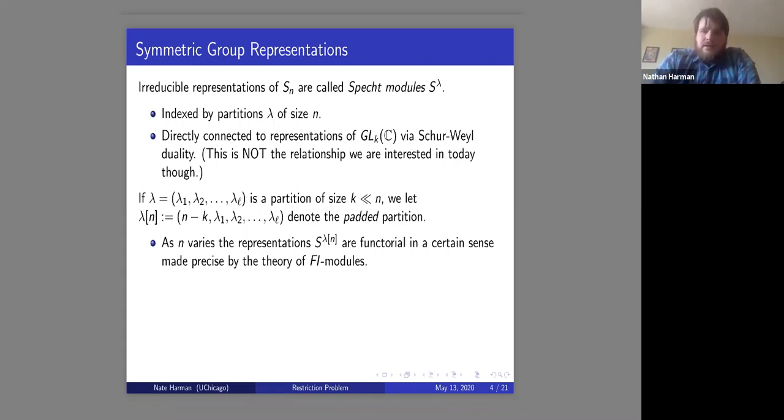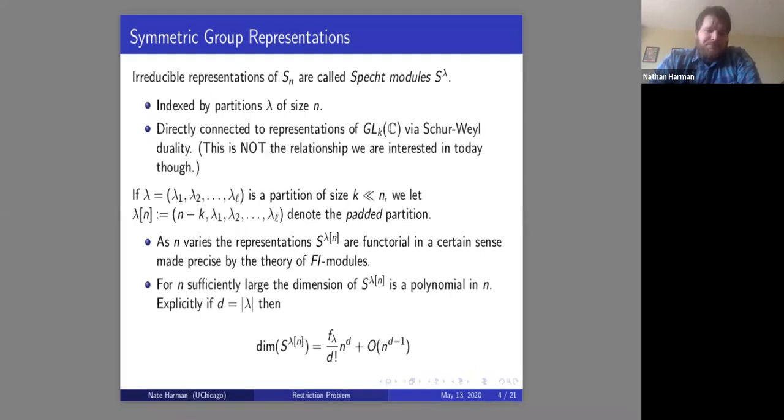But what really comes out of it is that you can think of these representations S lambda bracket n as being one kind of object. They fit together to form a single representation of S infinity, if you will. That's well behaved. So that's maybe the philosophy there.